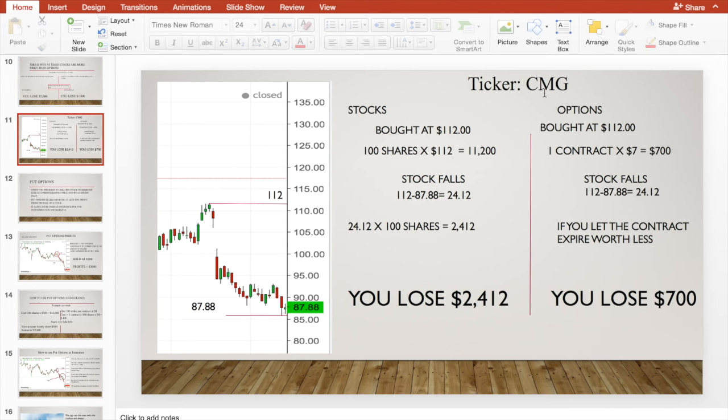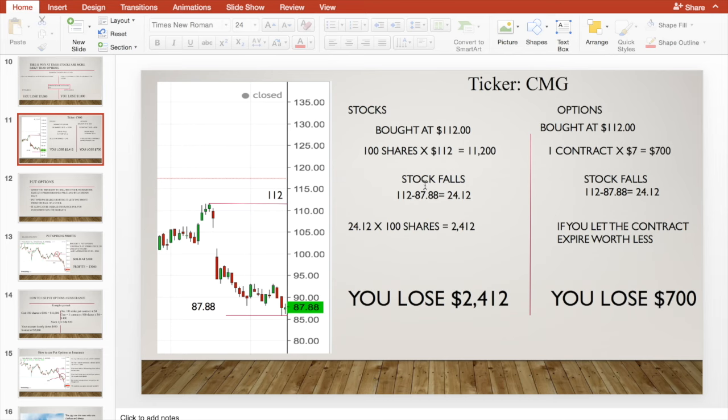CMG. Now this is the stock side and this is the option side. So this is resistance, support. Okay, so if you would have bought CMG at $112 right here, 100 shares times 112 equals $11,200.